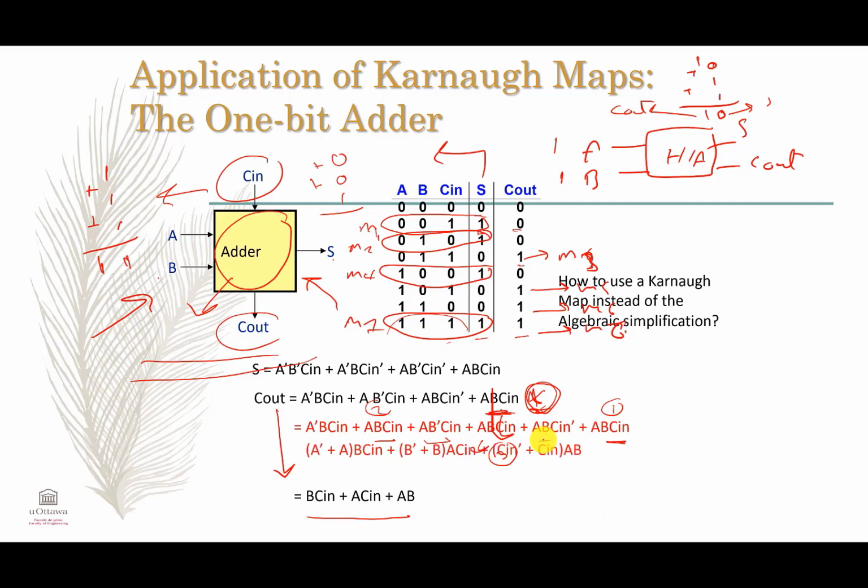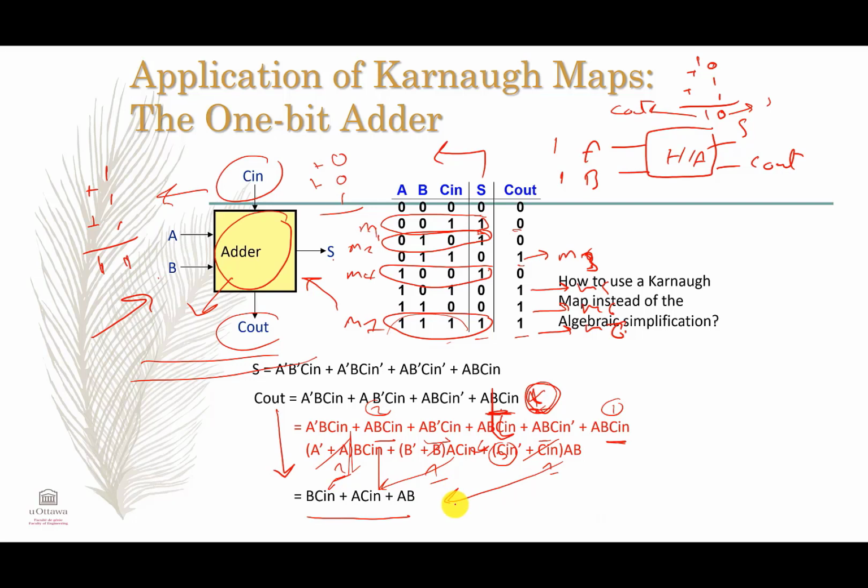With that being said, this A will be equal to 1, this B will be equal to 1, and this Cn prime will be equal to 1. So in other words, this term will give me just BCN, this will be ACN, and this is ABCN. This will be just AB.